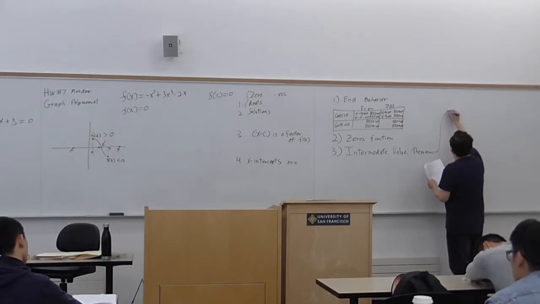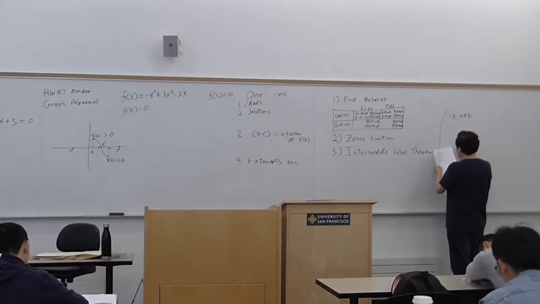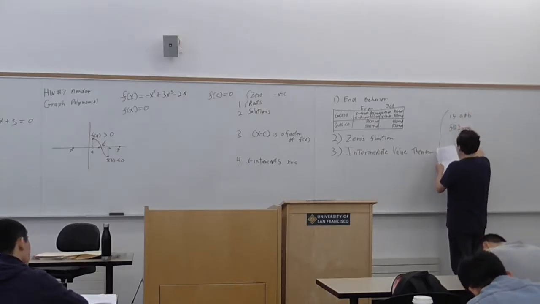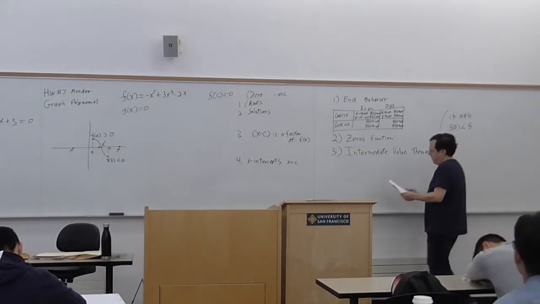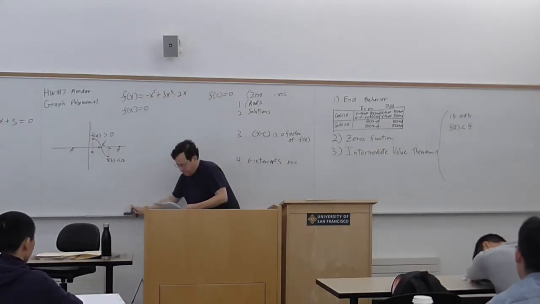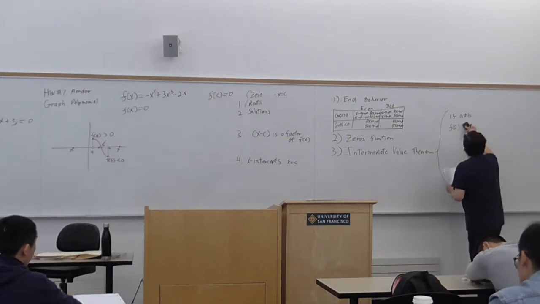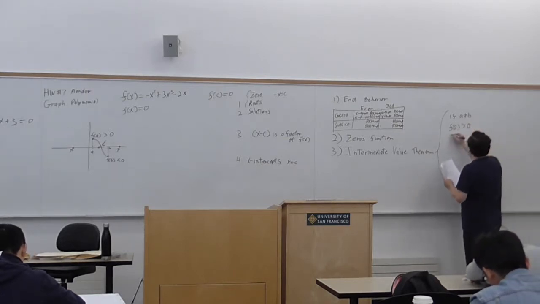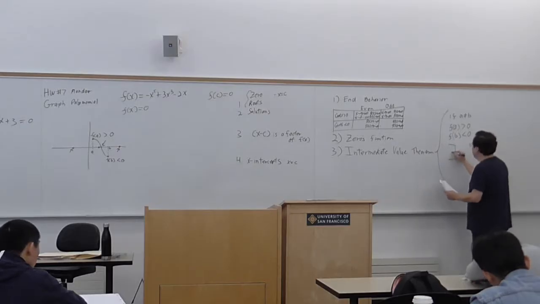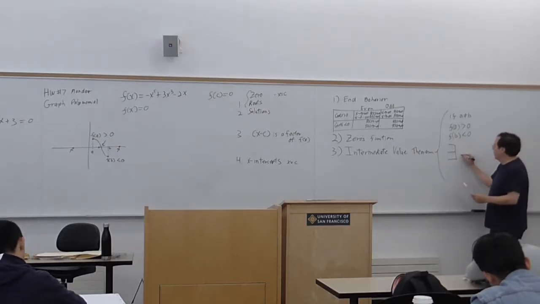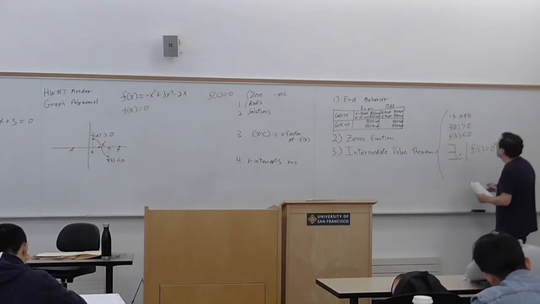The elaborate statement of this kind of looks like this. It says if A is not equal to B, f of A is greater than 0, f of B is less than 0, I'm going to do it the way the book does it, then, I don't know if I've used this symbol that says there exists a c such that f of c equals 0.